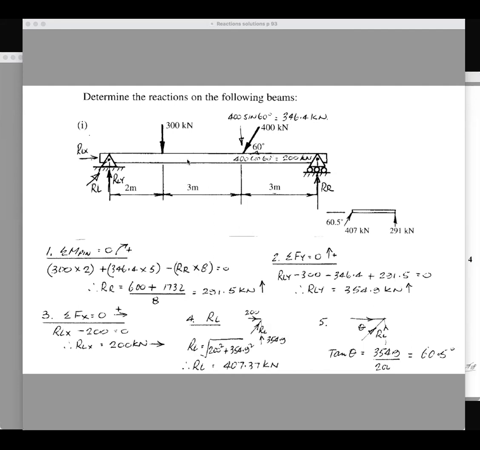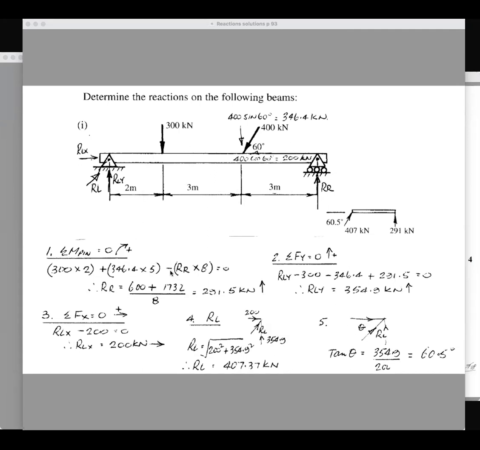It goes through it. So we've got 346 times 5. You've got to add the distance that force is away from the pin, and that's going clockwise, so it's positive. Now this force here is the moment of that force that will balance those two forces here.